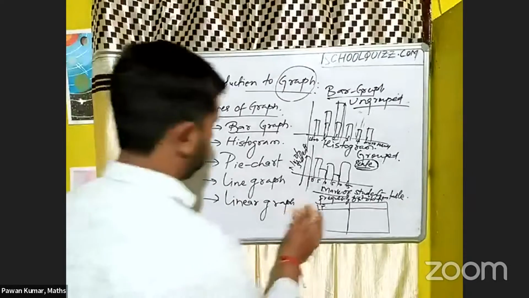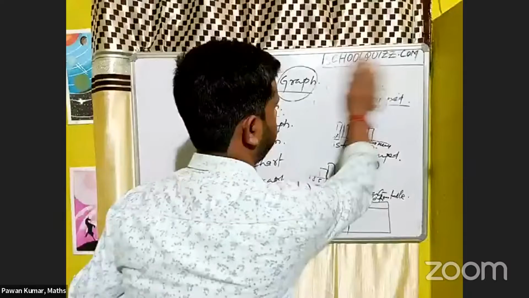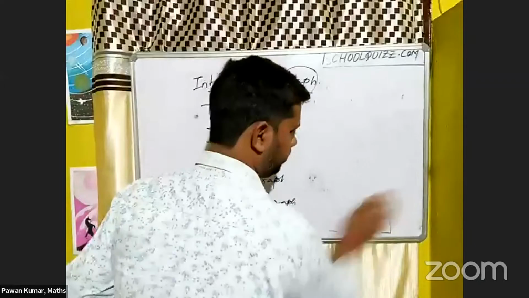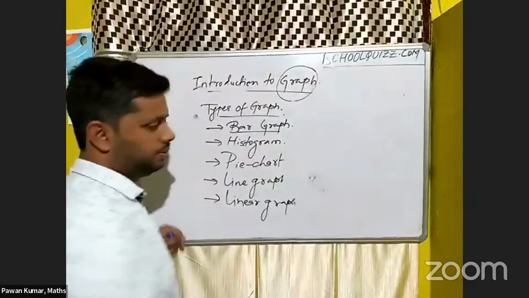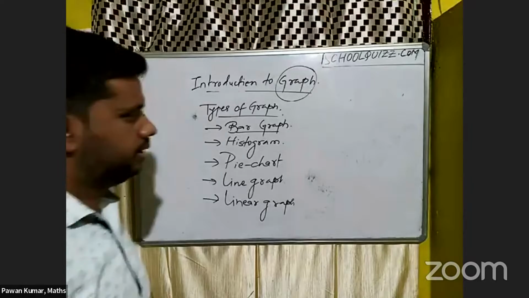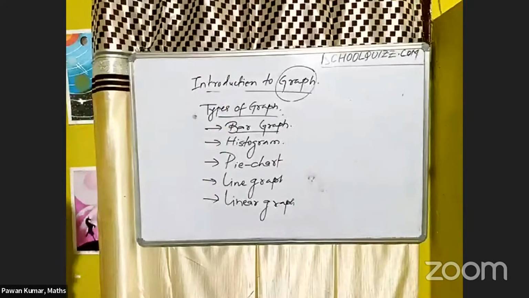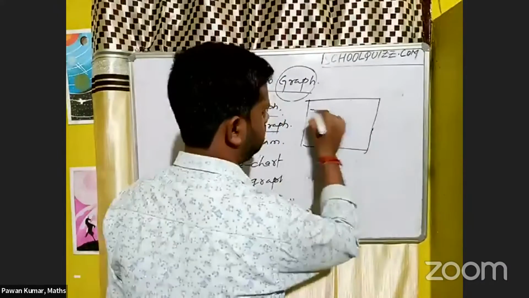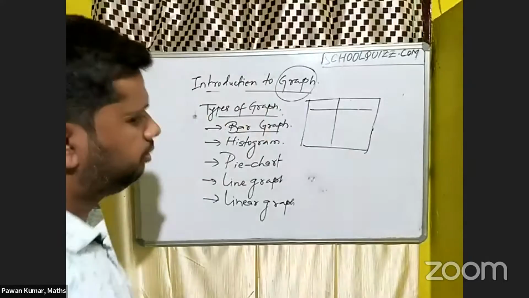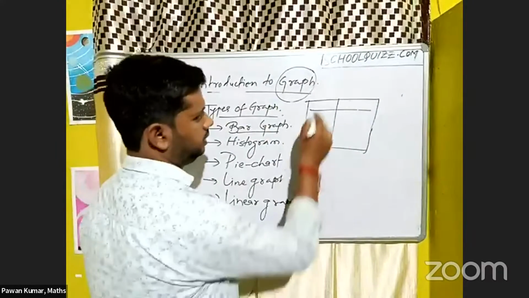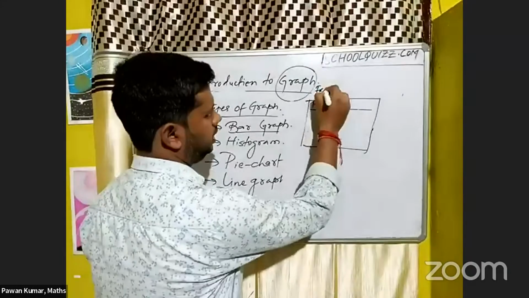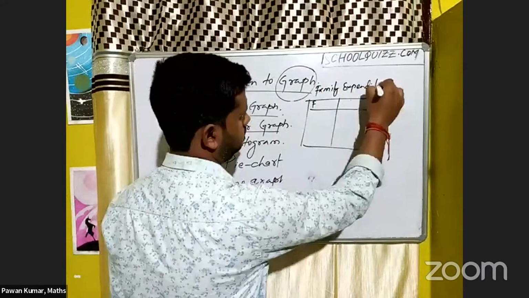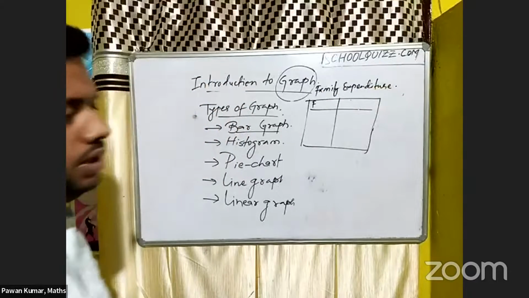Another one is the pie chart. Basically, a pie chart is also for ungrouped data. Suppose I'm preparing one table here, and let it be for family expenditures in a month.